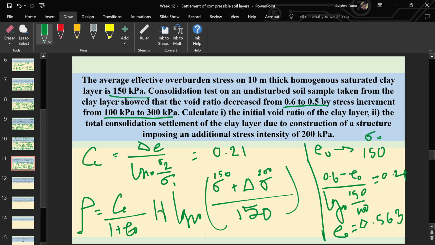Solve it, 0.21 by 1 plus 0.563, H equals 10, you get a value of approximately 0.5 meter. Clear?